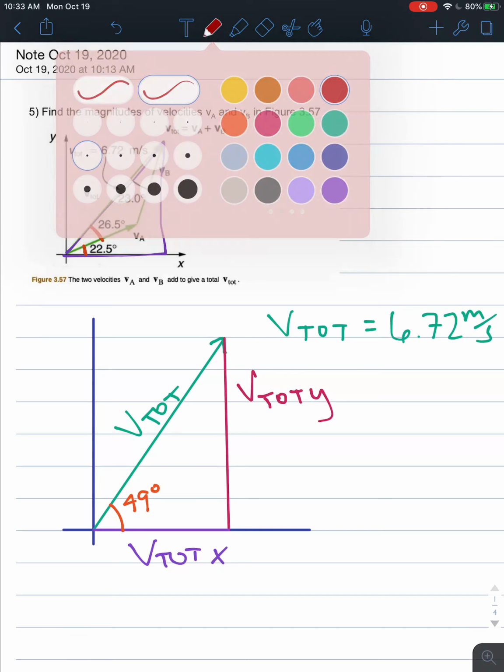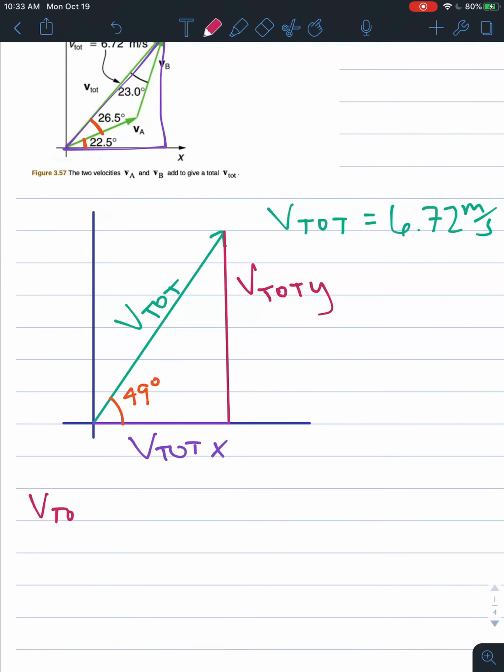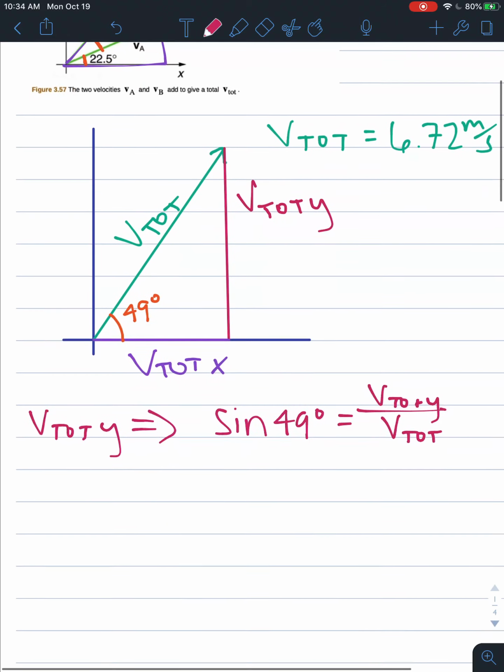Let's go ahead and try to find VTOT Y. Remember, to do that, I'm going to have to use some trig. SOHCAHTOA tells me that since I'm looking at the opposite side, I'm going to be working with sine. So the sine of 49 degrees is equal to that opposite side, which is VTOT Y, over the hypotenuse, which is VTOT.